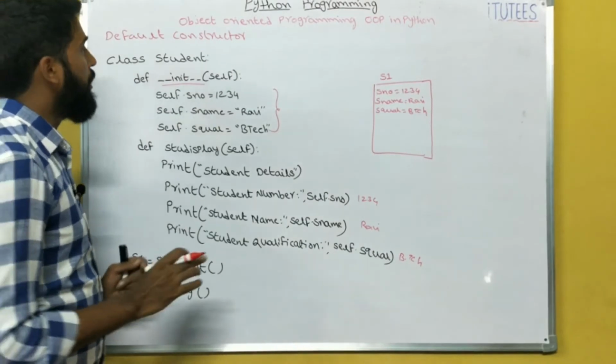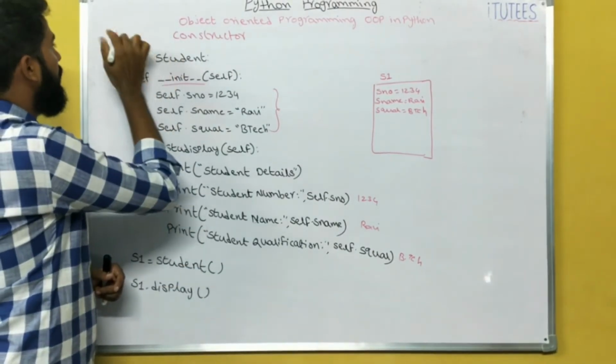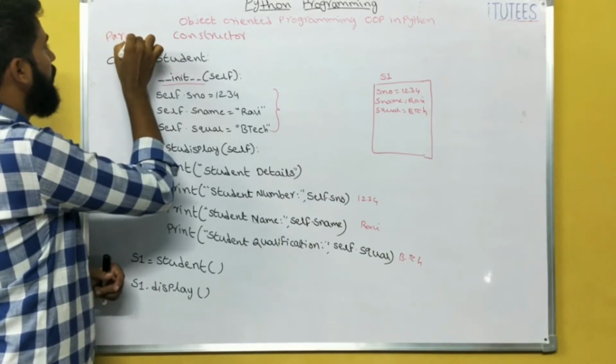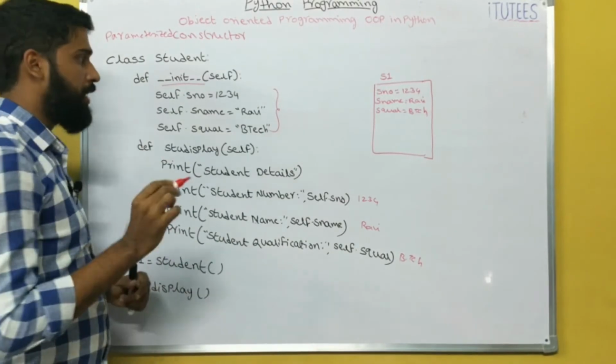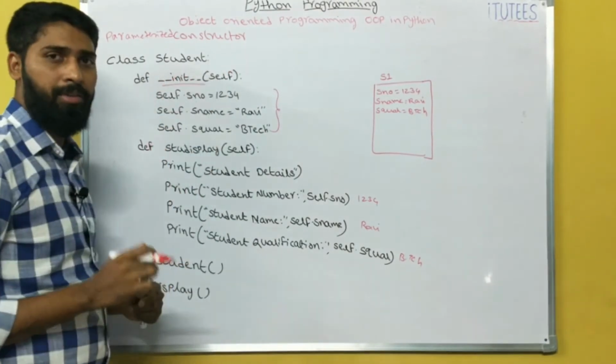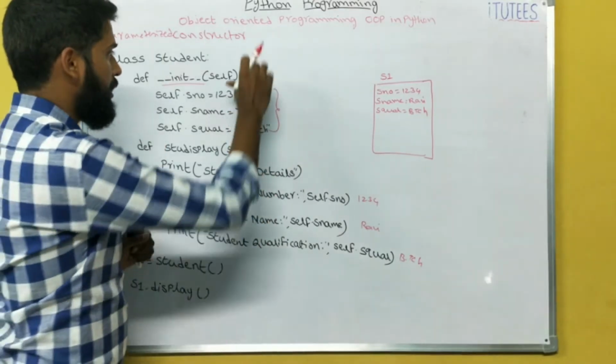Now the parameterized constructor. If the constructor has arguments, then we call that constructor a parameterized constructor.